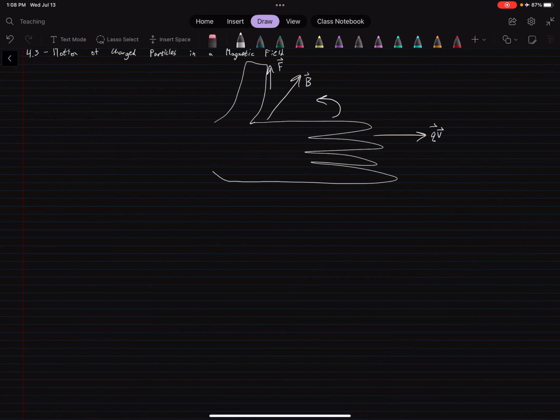So another one is, I'm going to do my best to draw this, you have your pointer finger, and then the rest of your hand is like that.